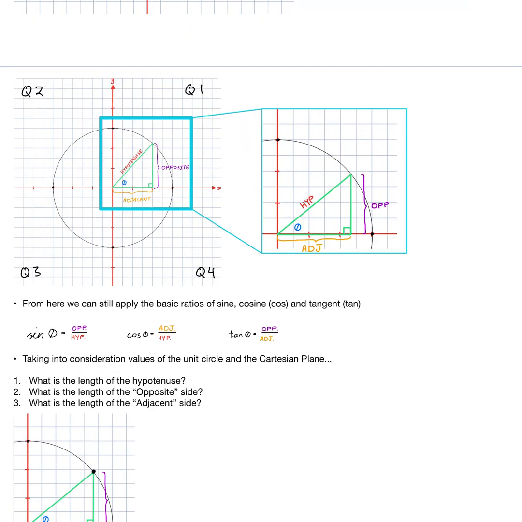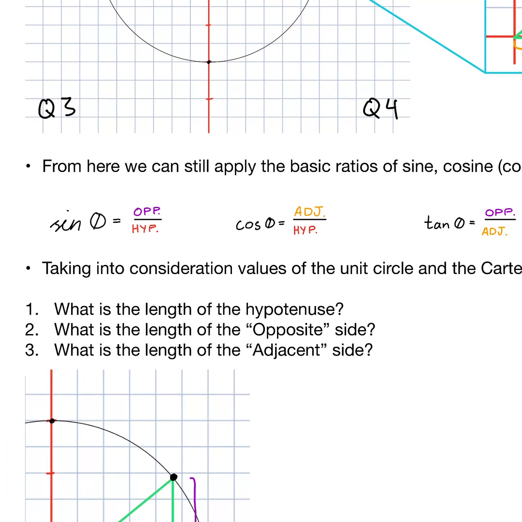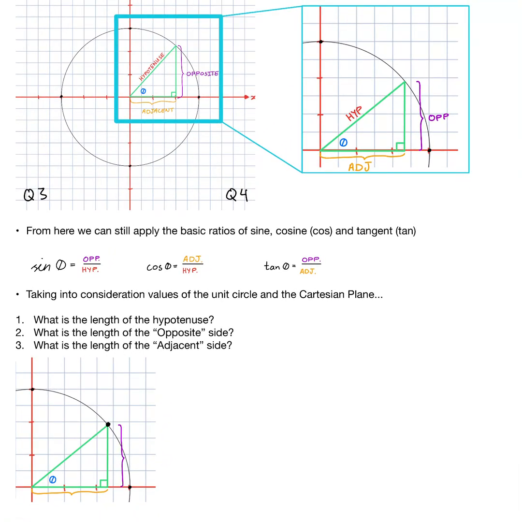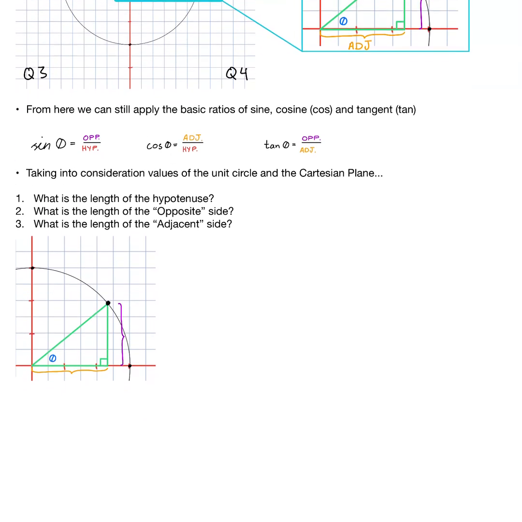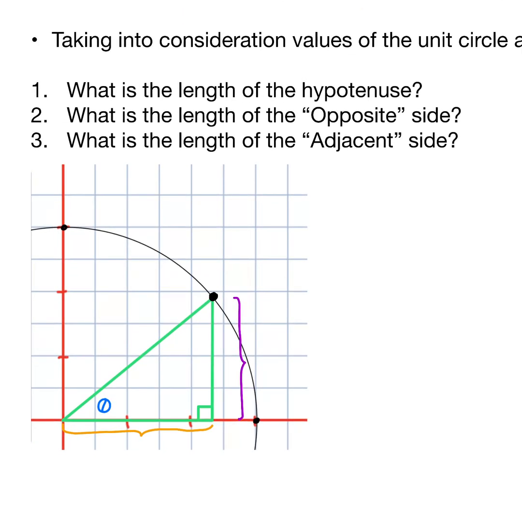And now let's start applying some trigonometry to these ratios, to this triangle. We still apply sine, cos, and tan, SOHCAHTOA, but now we're going to take into consideration the unit circle and the Cartesian plane. The question I have for you now is, what is the length of the hypotenuse? And what are the lengths of the opposite side and adjacent side?